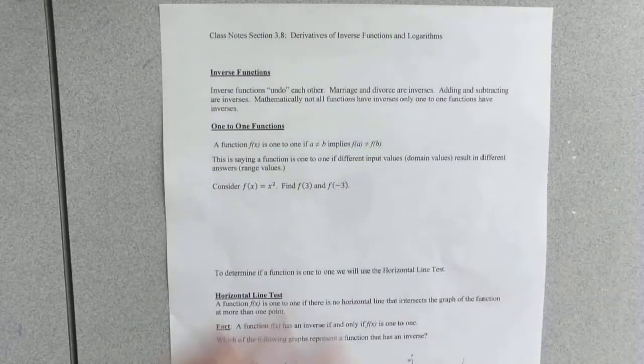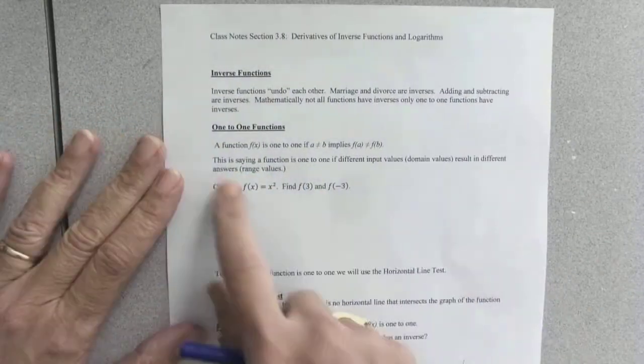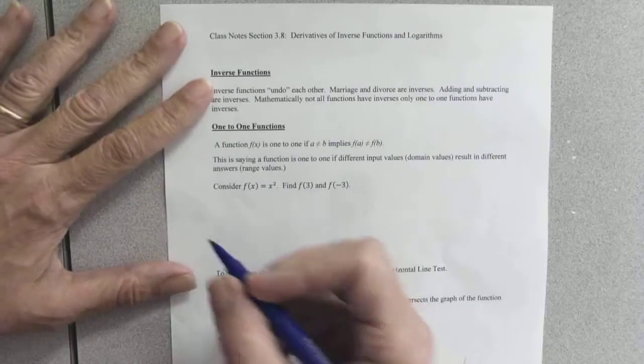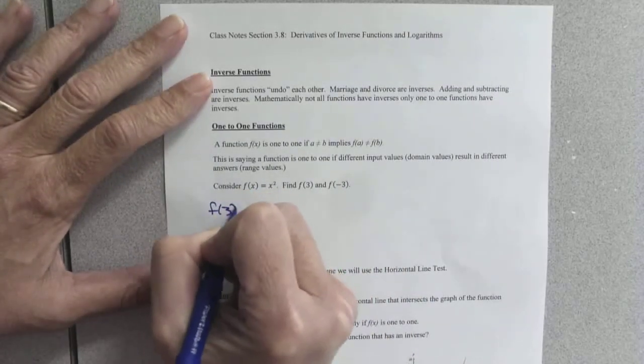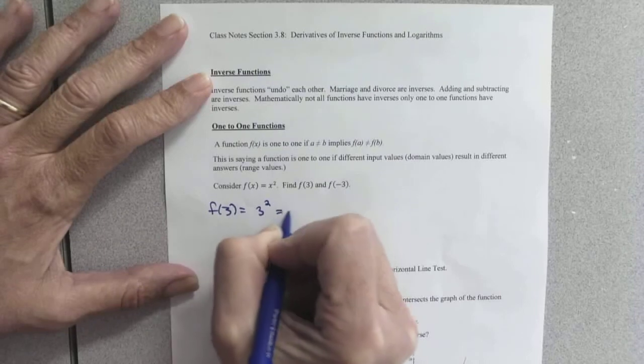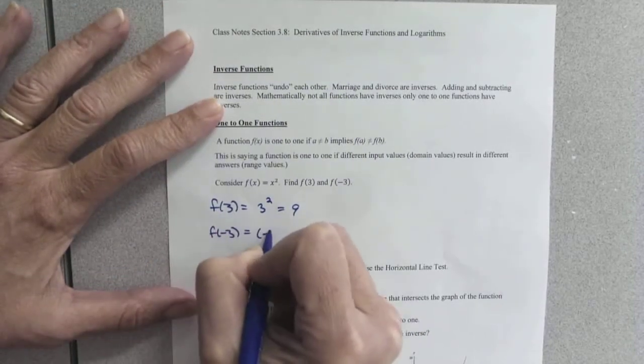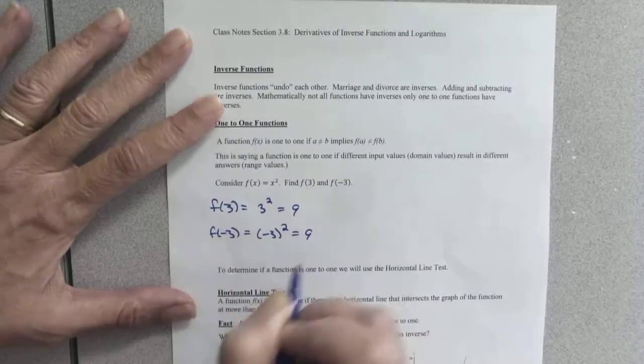This is saying a function is one-to-one if different input values, domain values, result in different answers, range values. So let's just consider f of x equals x squared. If we find f of 3, without much fuss, we get 9. And if we find f of negative 3, we also get 9.